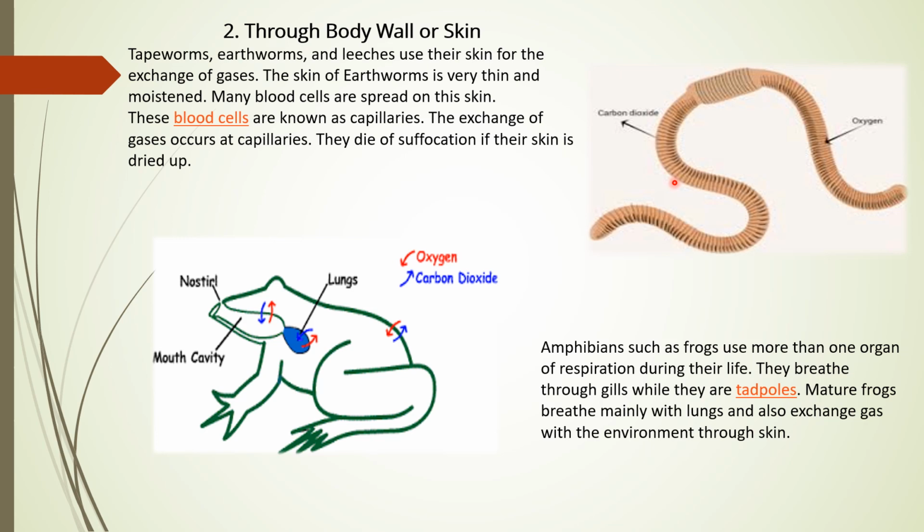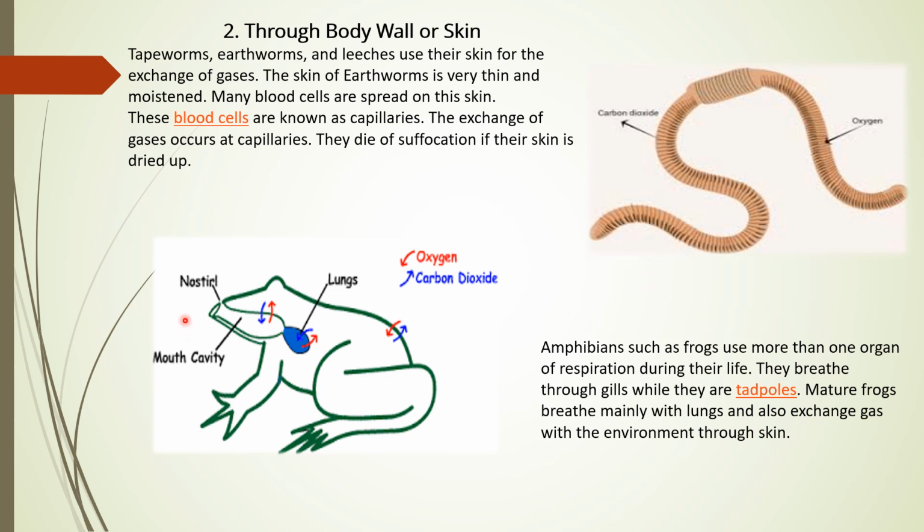So due to that there is a diffusion process. Means oxygen comes inside the earthworm and carbon dioxide goes out from these organisms. So here what you see is just the respiration taking place through the body wall or through the skin. So this is also one of the ways of respiration in animals.